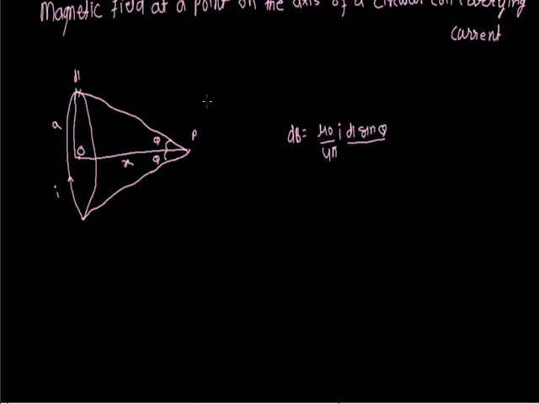If we consider r, then r square is equal to x square plus a square, where x is the distance between the point and the center of the coil and a is the radius of the coil. Where this angle is 90 degrees.